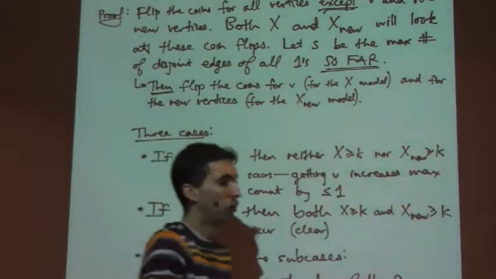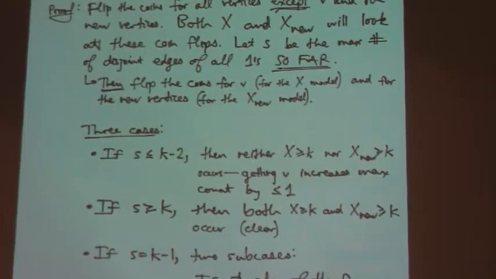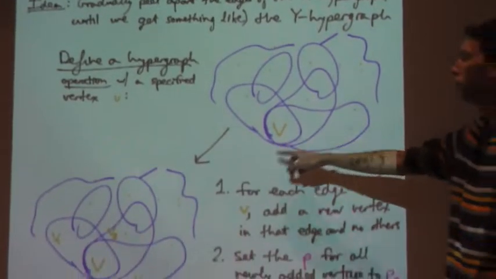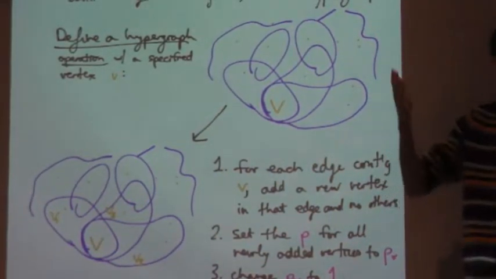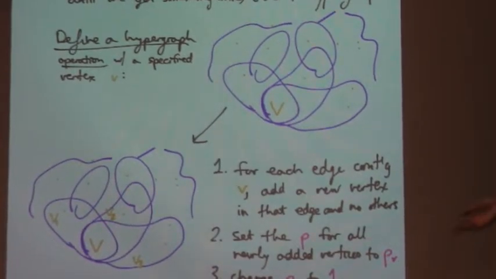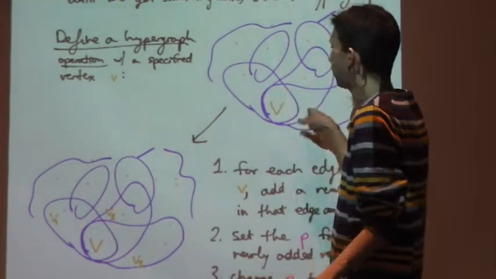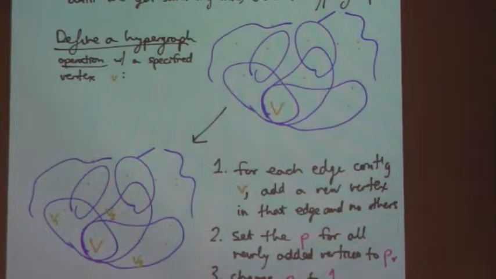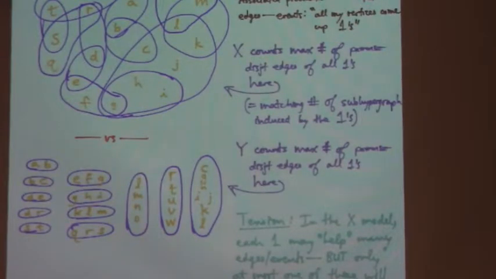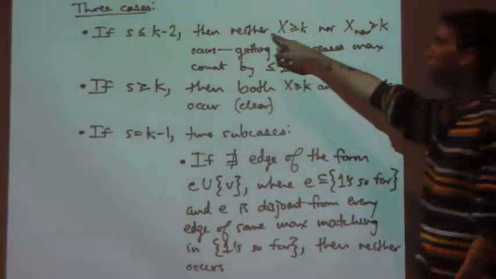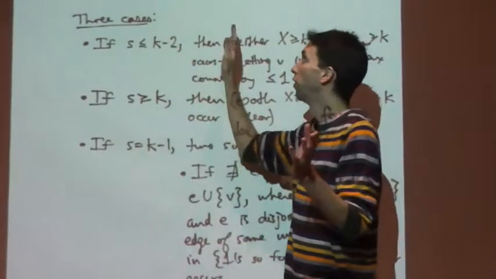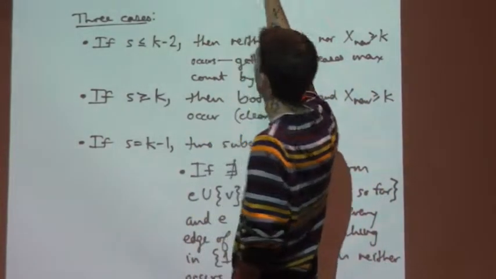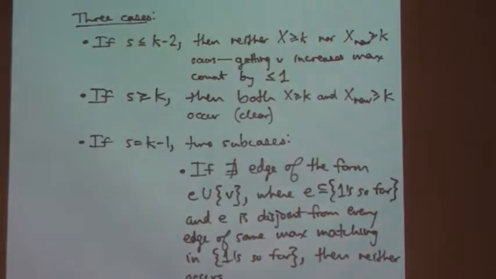Because once I flip the coins for V and the new vertices, I can only possibly increase the count by 1, because the only edges I could add all contain V, so I can add at most one of them. So there's no possibility of either x or x new being at least k.